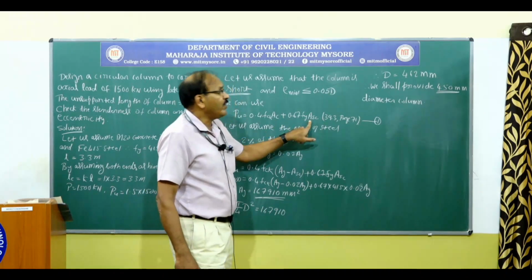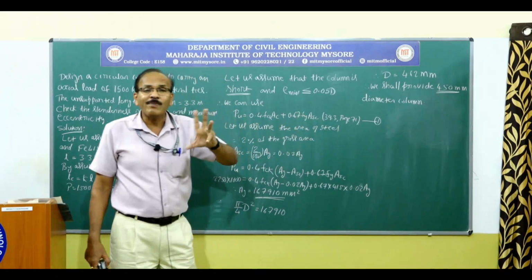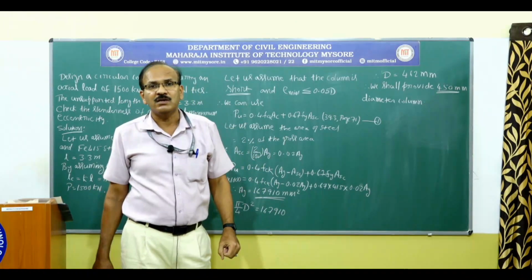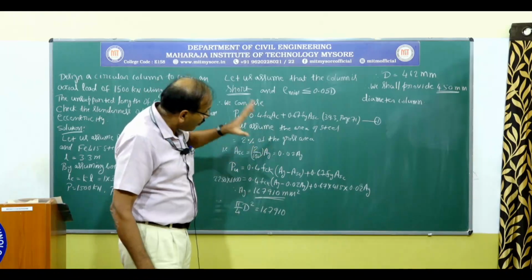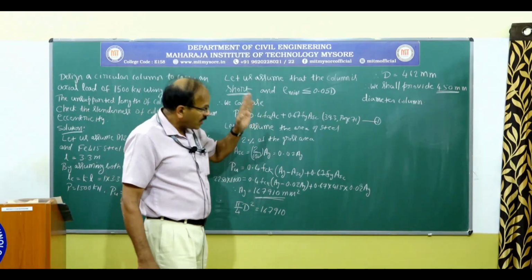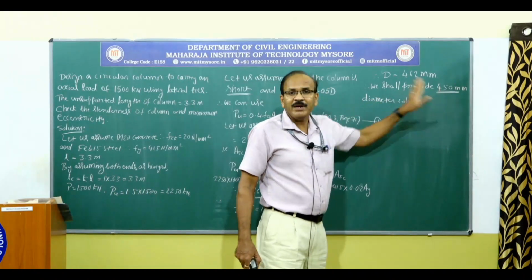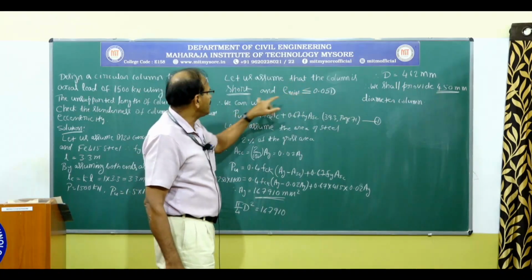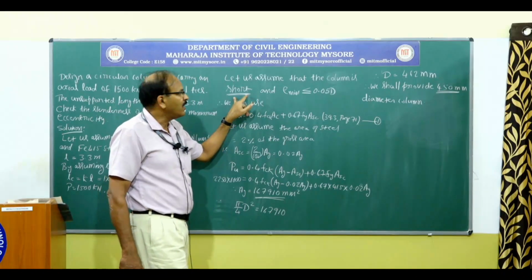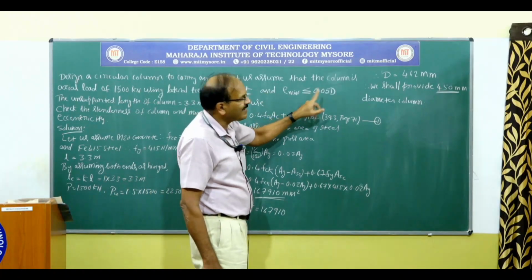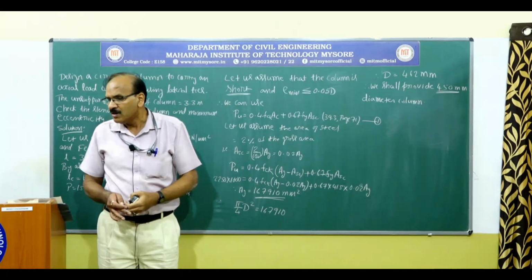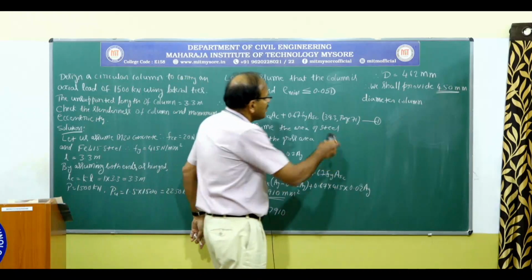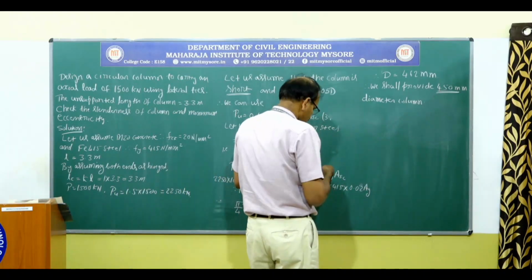Then the only thing we don't know will be Asc. Then we can go back and find out what exactly is the area of compression steel required. Before doing that, because now we know the diameter we are providing, we have to go back and satisfy two conditions. One is the column should be short, and the other is e minimum should be less than or equal to 0.05 D. So let us check for those two conditions.